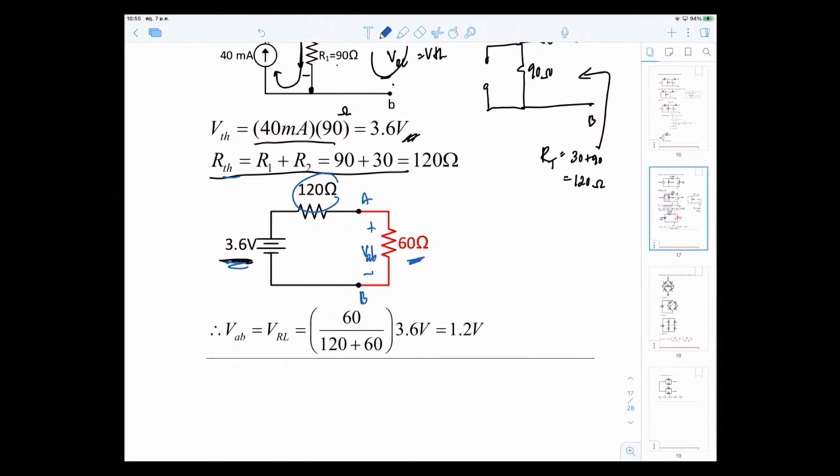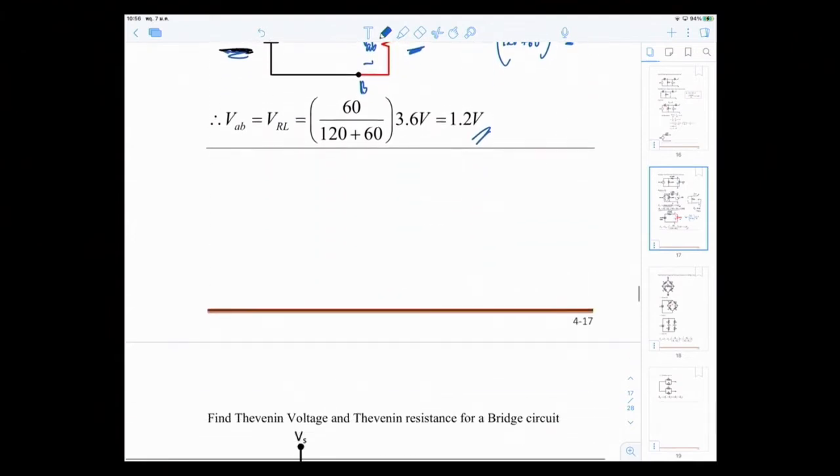You can use the voltage divider. VAB equals the 3.6 volts times 60 over R total, where R total is 120 in series with 60. So VAB is divided out of the 3.6 volts, and you get 1.2 volts. This is how we can apply the Thevenin to solve certain problems.